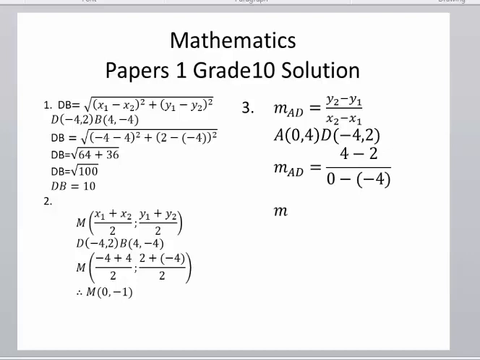Then you start solving that equation. You will find that the result is negative 2 over 4, because you would have distributed the negative into the bracket; negative times negative is positive. Therefore, your gradient for question 3 will be 1 over 2.